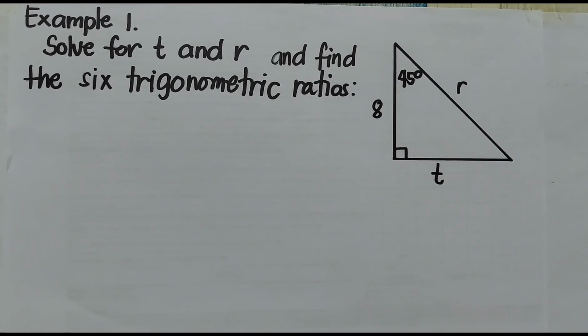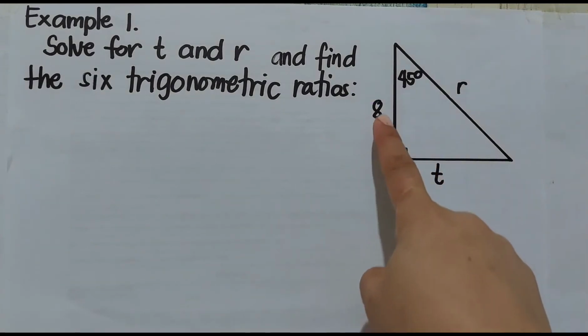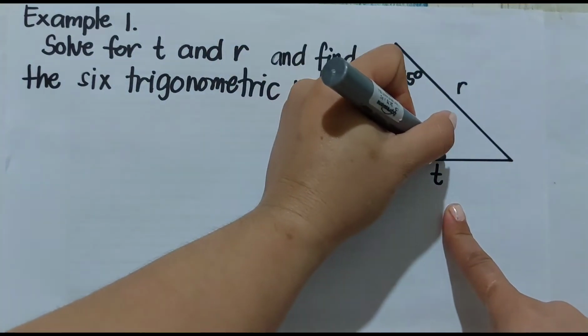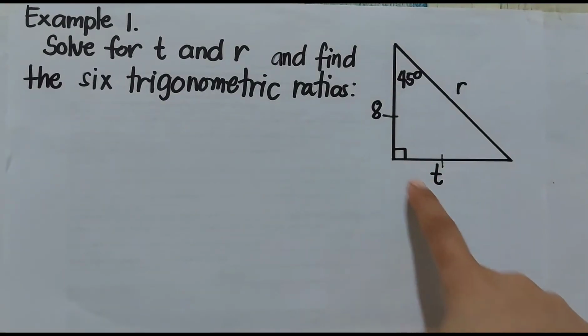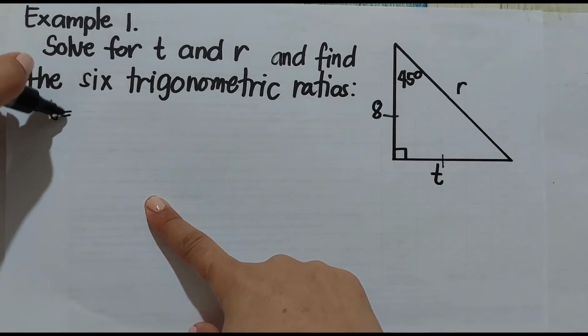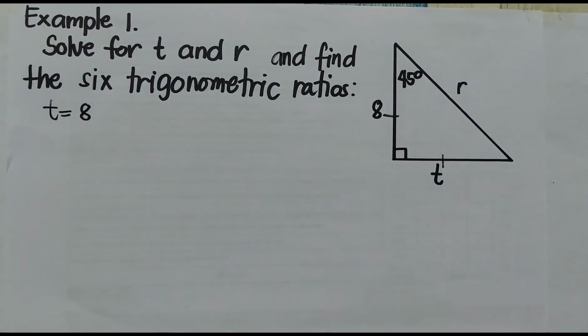Since this is a 45-45-90 degrees triangle, always remember that the length of our legs are congruent. So if this measures 8, kung 45 man na siya, the meaning to say, the two legs are just the same. So if this is 8, therefore, our T is equal to 8.